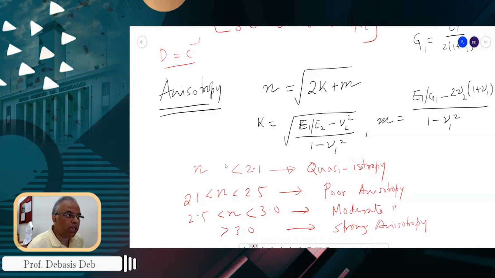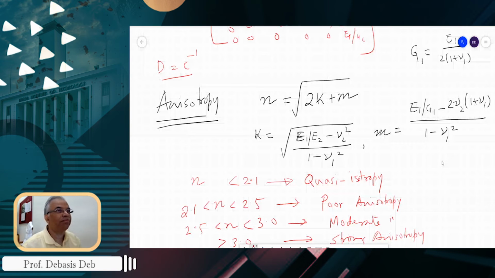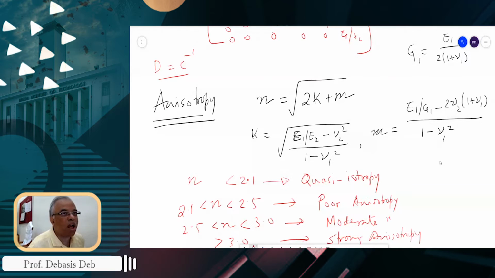Now, can you tell me the value of n for pure isotropy? Quickly, anybody? What will be the value of k?